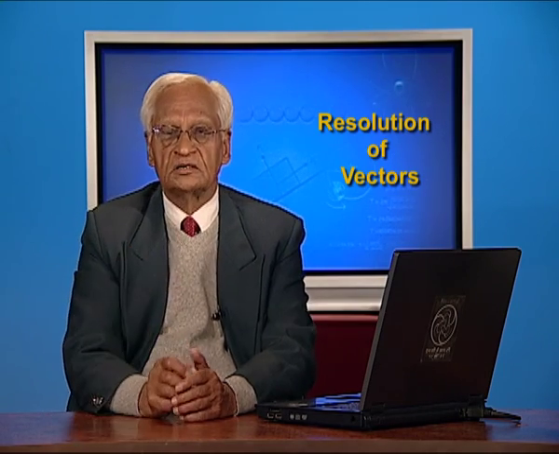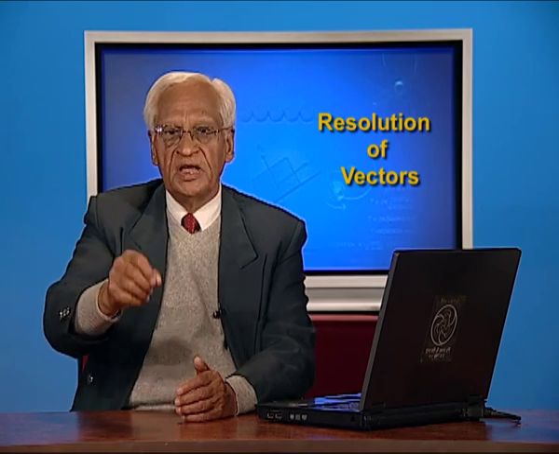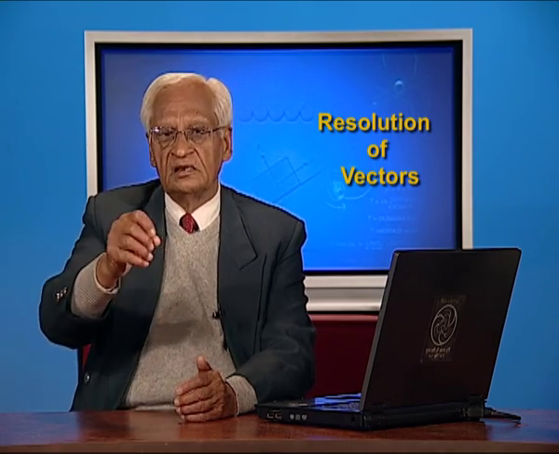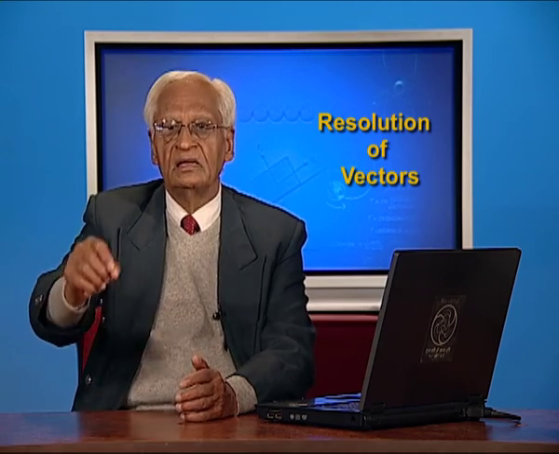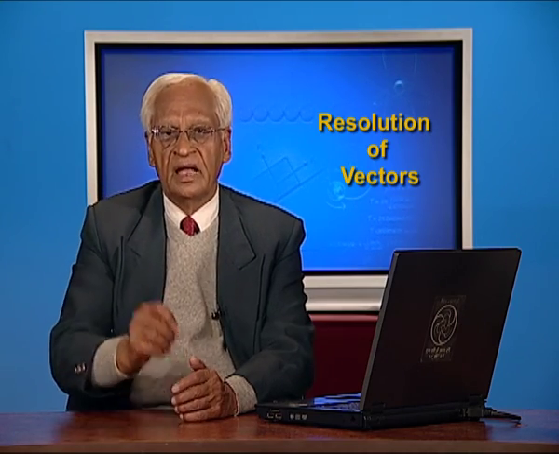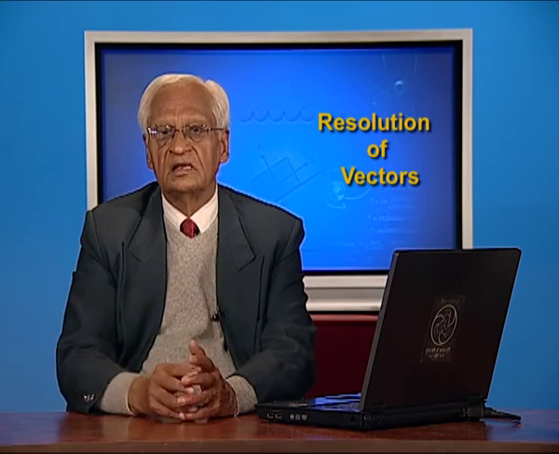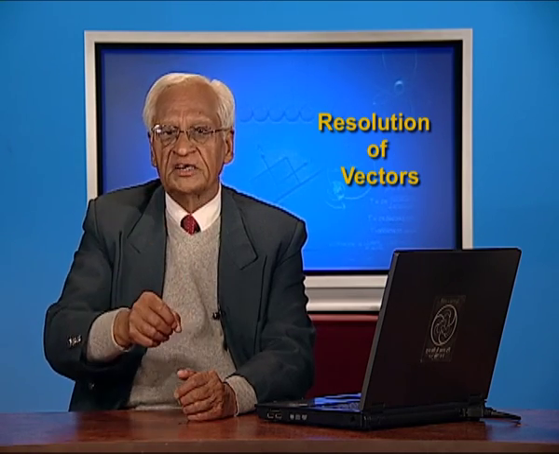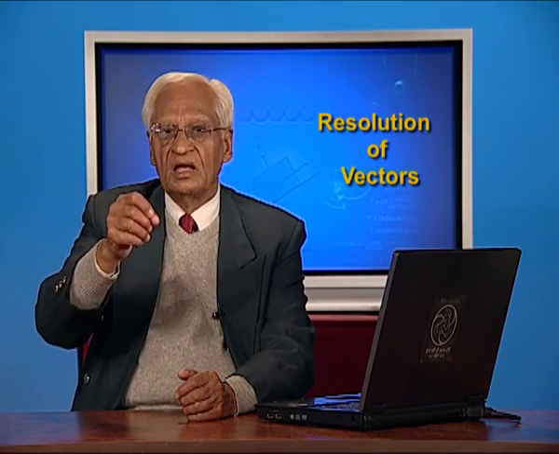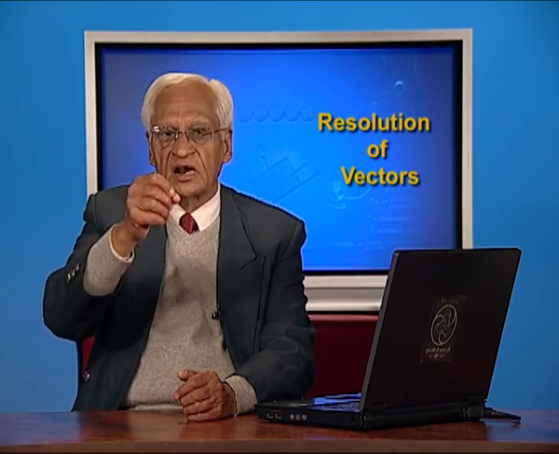We have the dot product A dot B, which gives us the result A B cos theta, where A is the magnitude of A, B is the magnitude of B, and the product is A B cos theta. Then we saw the multiplication of two vectors, the result of which was another vector.